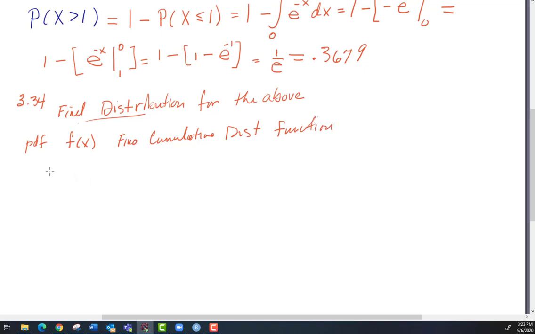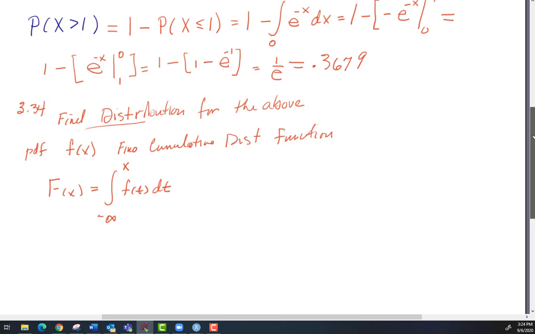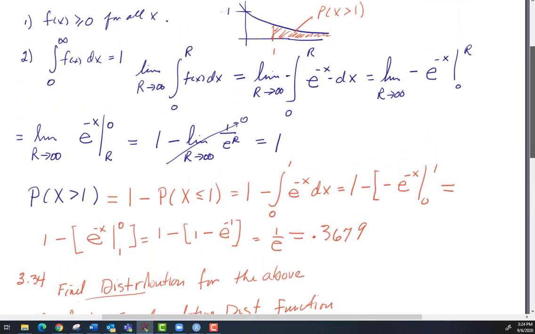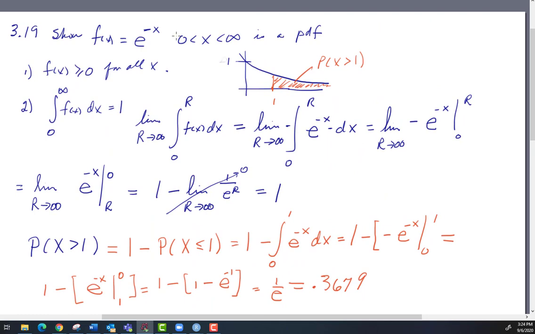And by convention, we let that be uppercase F of x, and that would be the integral. Now, we could say negative infinity to x of f of t dt. But remember that our f in this problem is defined on 0 to infinity, just the positive numbers.